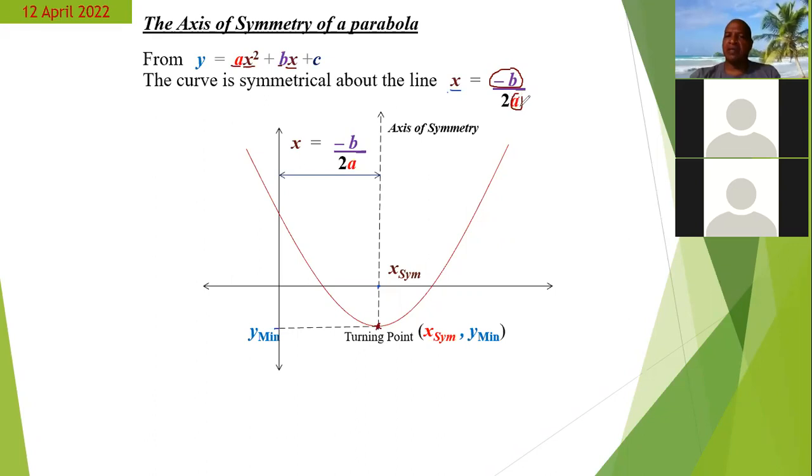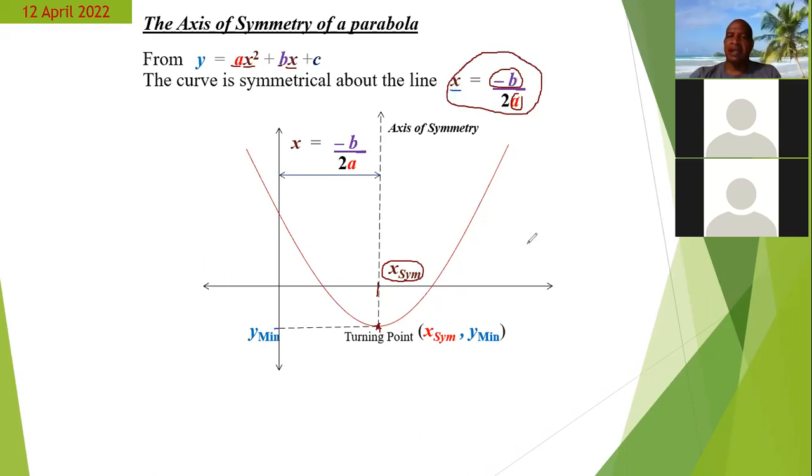So this A would be some value, the B would be some value. So you multiply the A by 2, or the value down here by 2, and then you use it to divide the numerator. And so you will get the X value right at the symmetry here, which would be the X on this line coming right down here. So this X value would be calculated using this formula.